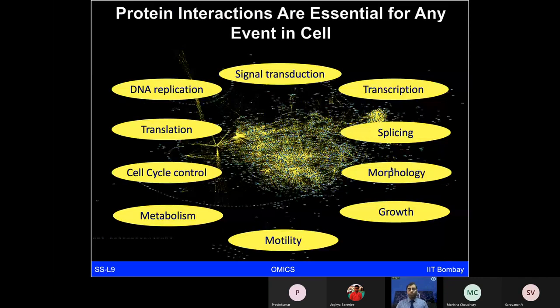Since you're not too aware of various types of biological processes, I think it's a good idea to emphasize that these protein interactions are very important to govern any kind of event in the cell, whether we talk about signal transduction, transcription, splicing, morphology and growth, motility, metabolism, cell cycle control, translation or DNA replication. These are just a few names. All the important biological processes are governed by these kinds of protein interactions.